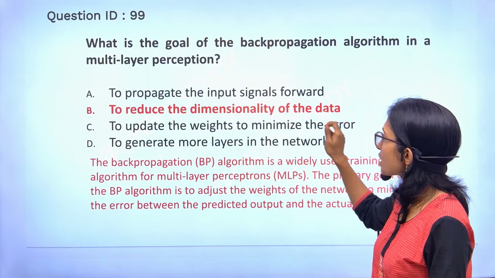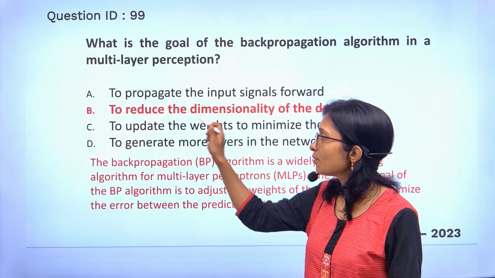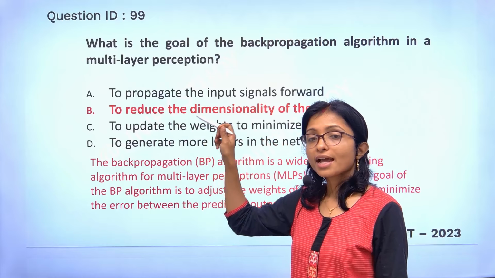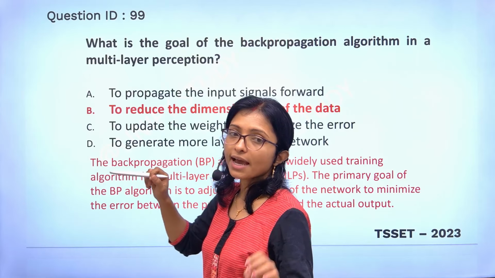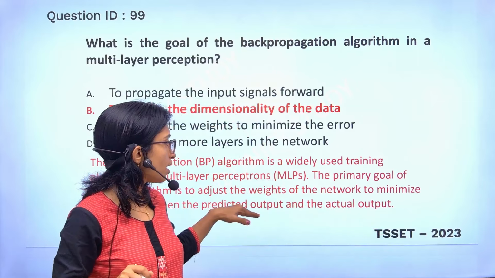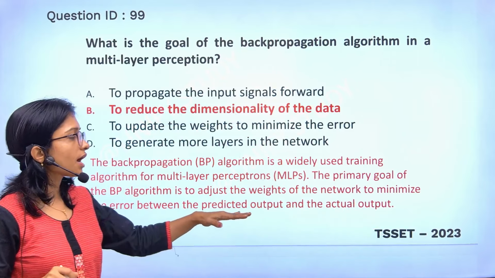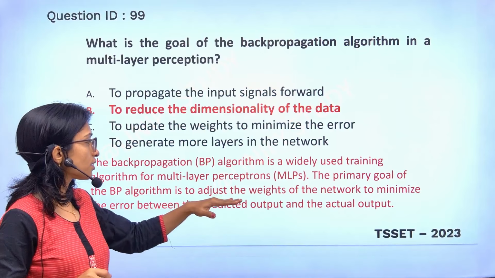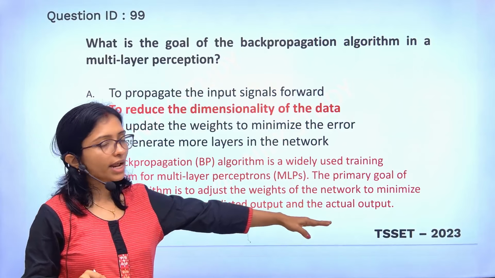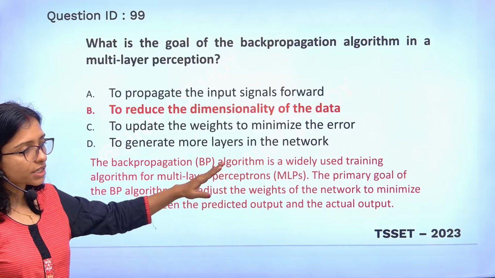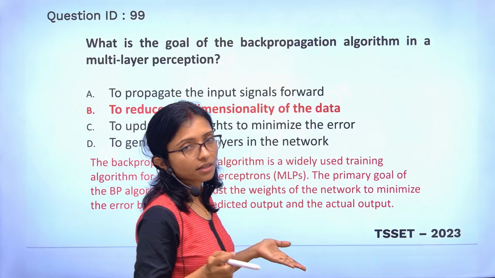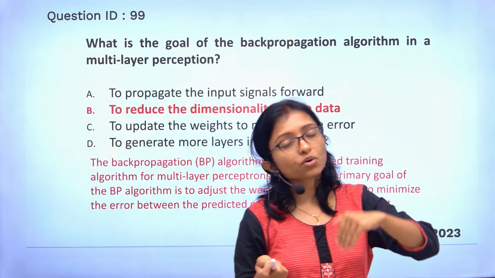This dimensionality reduction is a very important terminology, and the meaning is that I am trying to reduce the difference between the predicted output and the actual output. Why are we going back?